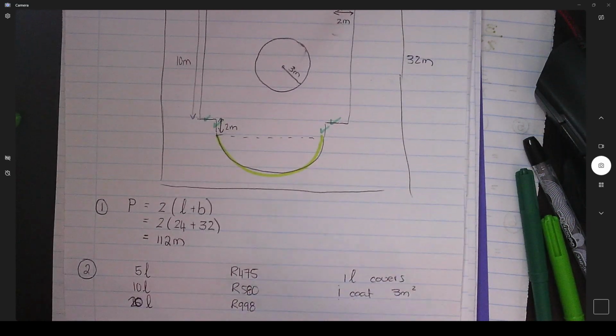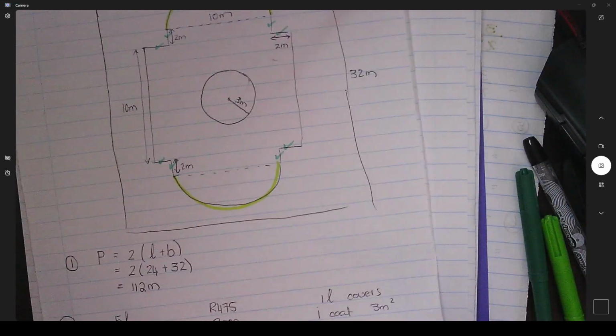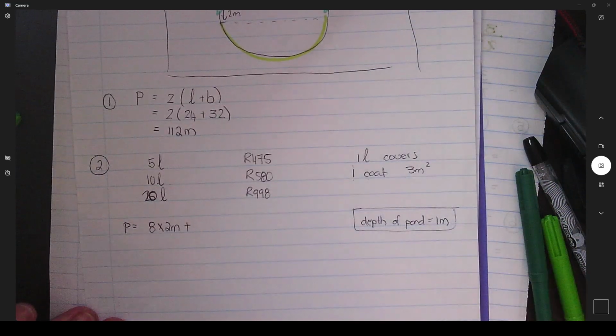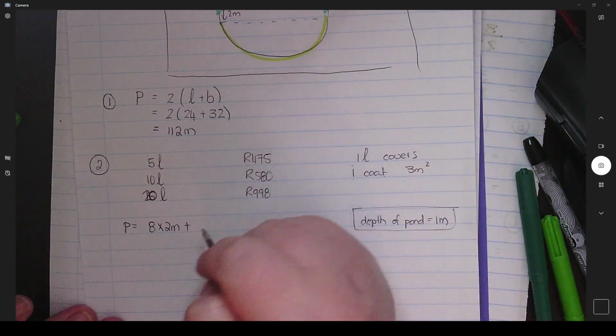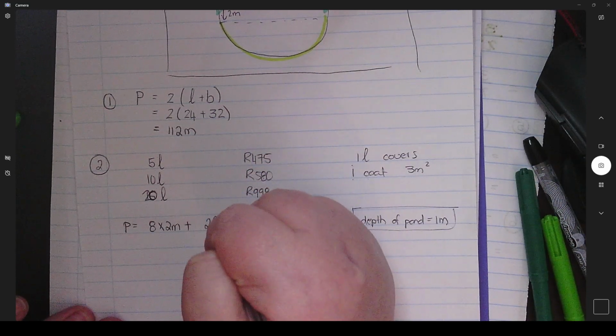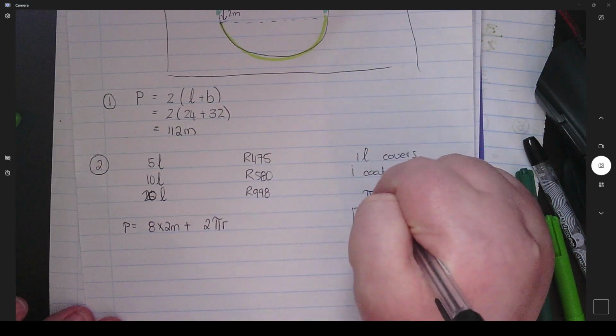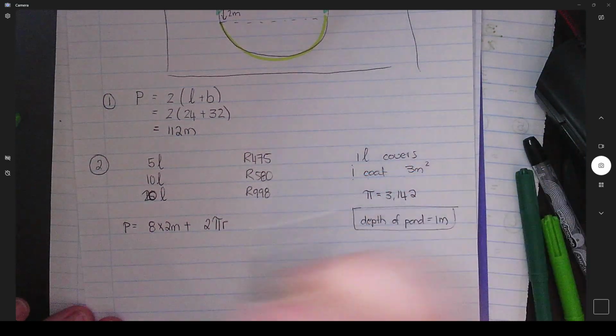So I'm going to work out the circumference of that one circle. The formula for the perimeter of a circle is 2 pi r. Now let's say they tell you that pi is 3,142.